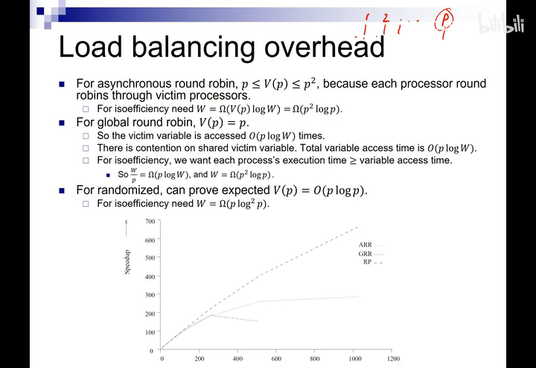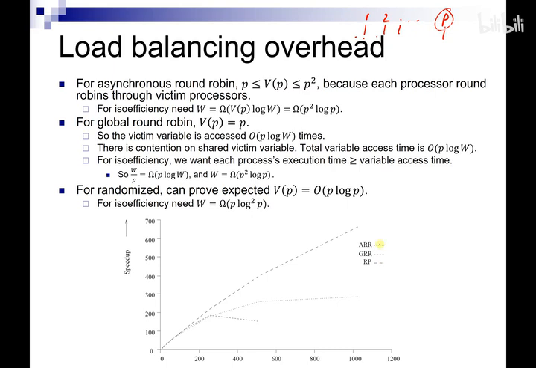They did some experiments on this, comparing these three methods. You're measuring the speedup as you increase the number of processors, so the higher the line, the better.